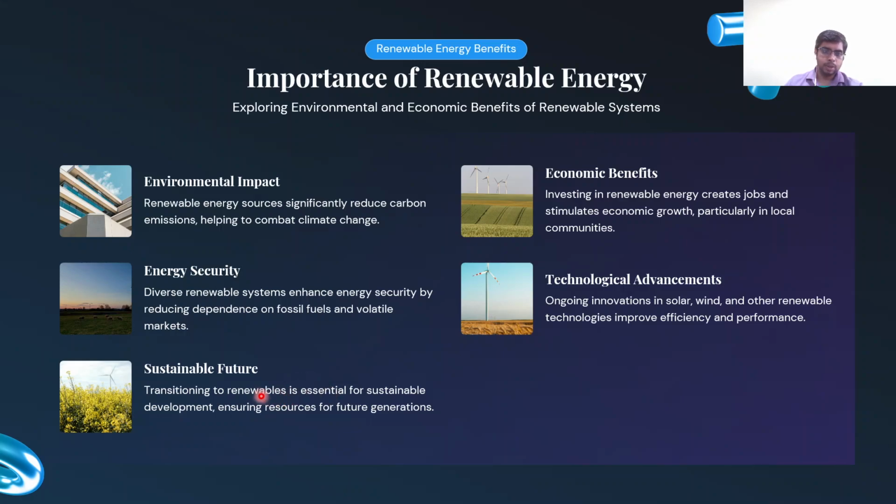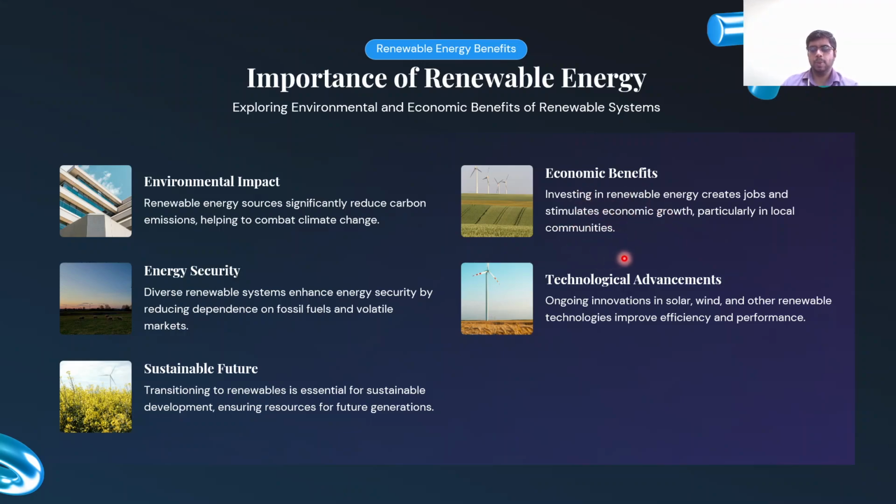So the sustainable utilization of the resources is very important. The renewable energy systems like solar and wind provide sustainable energy generation. And there are various economic benefits as well.